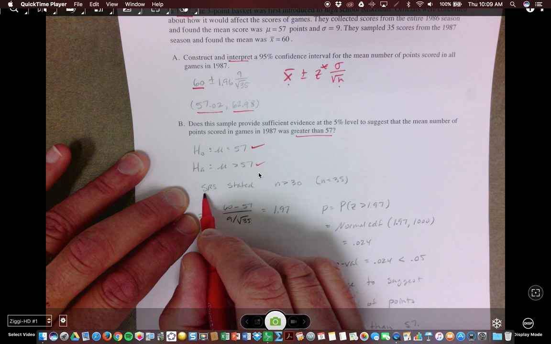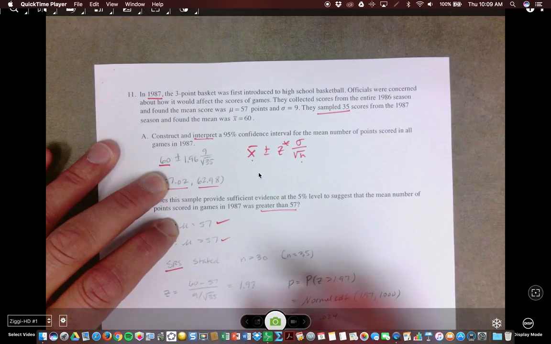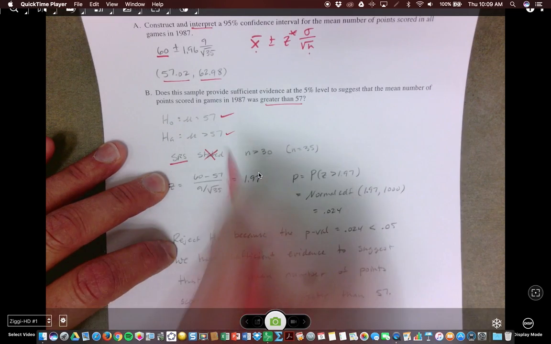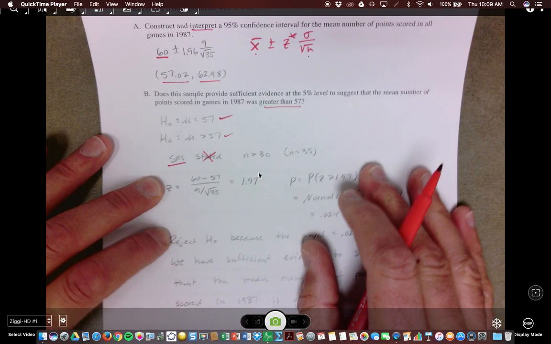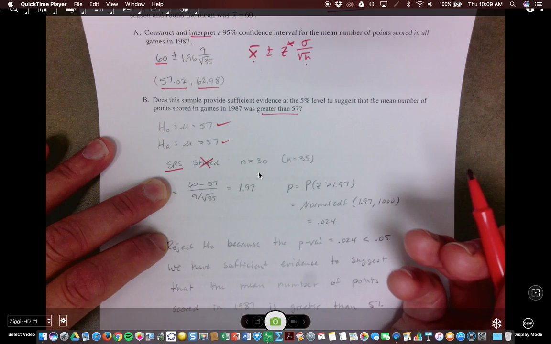Now we still have this condition of simple random sample, and the problem did state that these were a simple random sample. I guess it didn't really state that. It says they just sampled 35 scores. Let's make an assumption there that this wasn't stated, but let's assume that it was a simple random sample. And the other condition is either the distribution is normal.